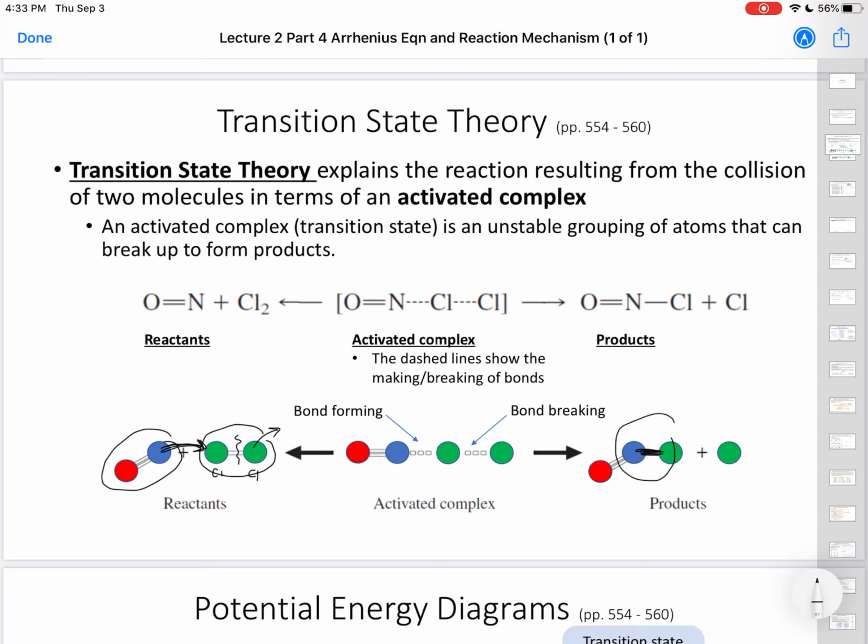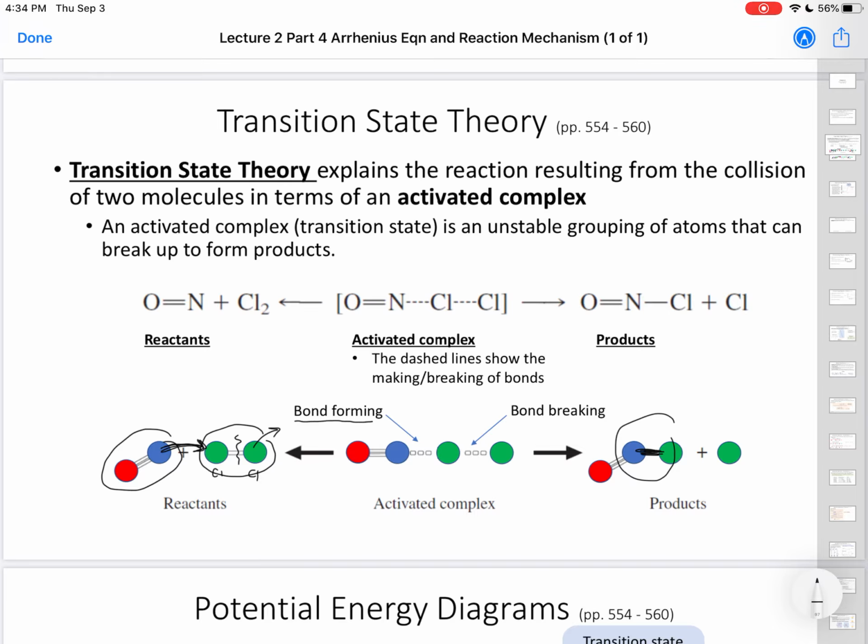So in this situation, what must happen is that momentarily, for a very brief period of time, a bond is forming between your nitrogen and your Cl. At the same time, instantaneously, there is a bond that is breaking between the Cl and the Cl.